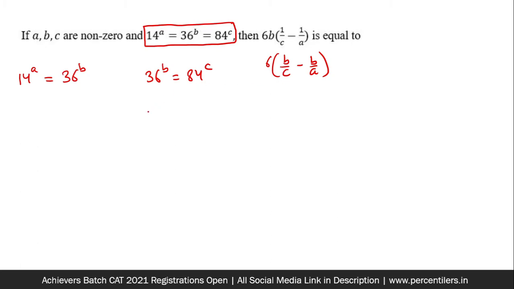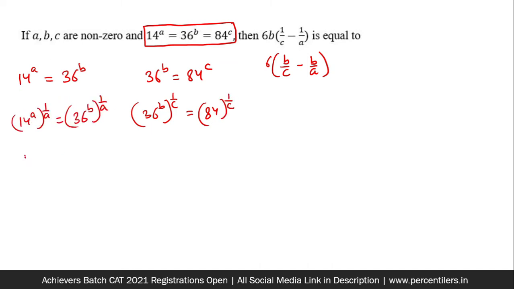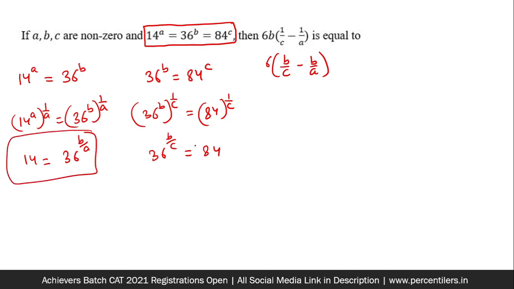So what I am doing, I am taking the cth root, raising to the power 1 upon c, of this entire equation and the ath root of this entire equation. So this 14 becomes 36 to the power b by a, and 36 to the power b by c becomes 84. Now please have a look at these two equations.